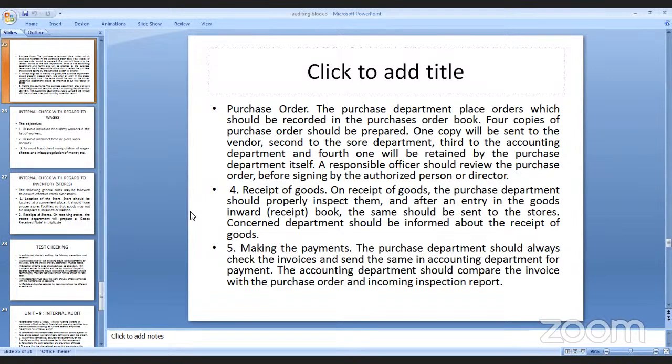How many goods are being received, and the turnover of an organization, must be properly maintained by the purchase department. Next, making the payments. The department should always check the invoices, which are sent to the accounting department. It has to monitor the various invoices of the department.